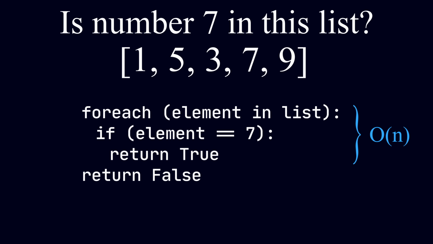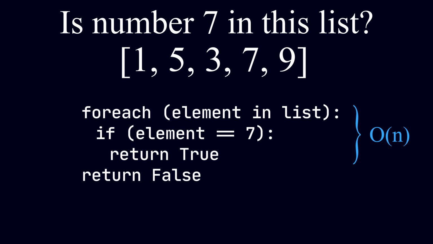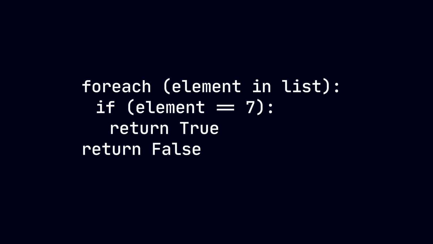Thus, in the worst case, we have to check at least n numbers, giving us a time complexity of O(n), linear in problem size. So you could say that big O in this example is a function of cost. Here it will be a function of runtime, so the time needed to run the algorithm, for example in seconds, assuming checking each number takes 1 second.